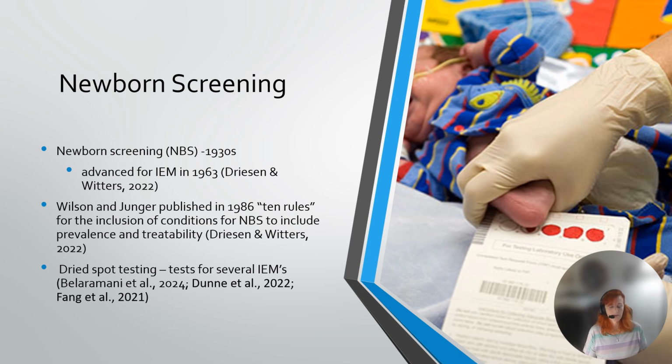All right, but here's the one thing with these: if we test too early, there may not be enough buildup of the metabolites and toxins to say that they have this IEM. So if we test too early, we can get a false result, right? And this is true of a lot of our tests, so we need to be thinking about that. Very important, it is time sensitive.